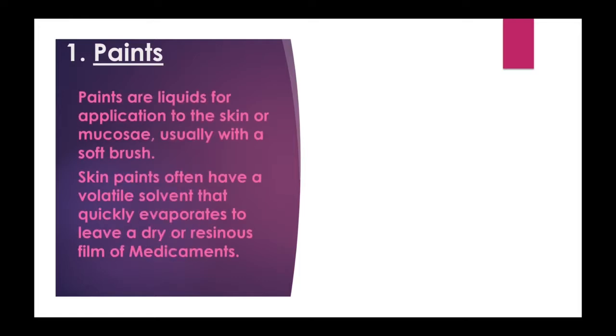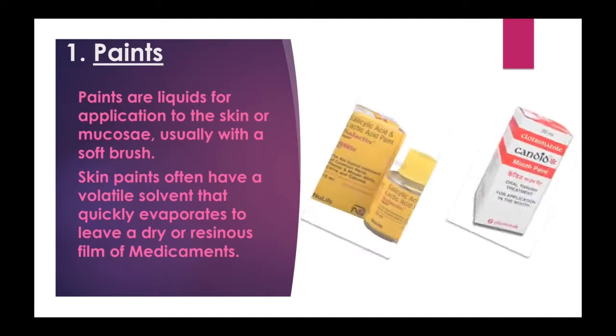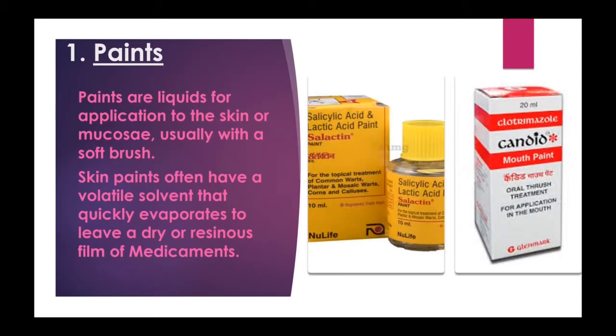Paints are liquids for application to the skin or mucosa, usually with a soft brush. Skin paints often have a volatile solvent that quickly evaporates to leave a dry or resinous film of medicaments. Let's see examples. Selectin paint and Candid mouth paint. Friends, let's see their uses.